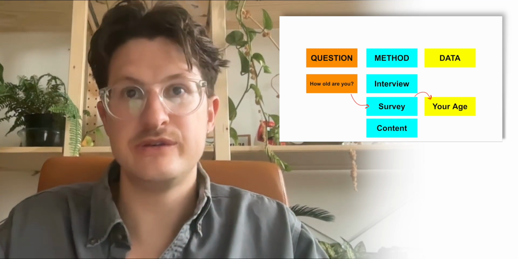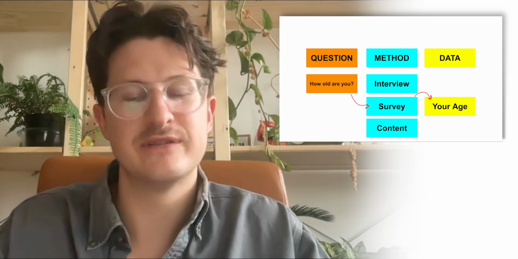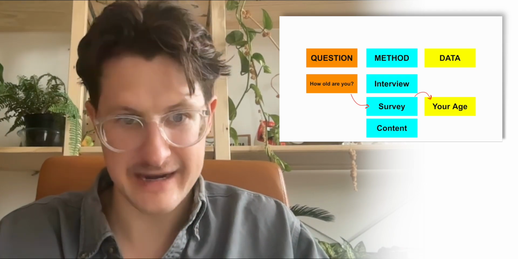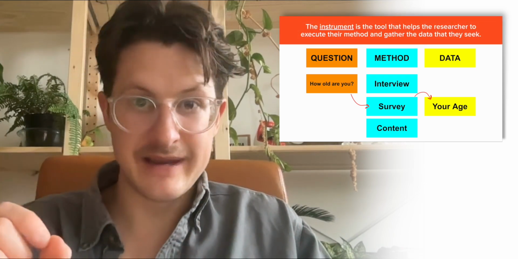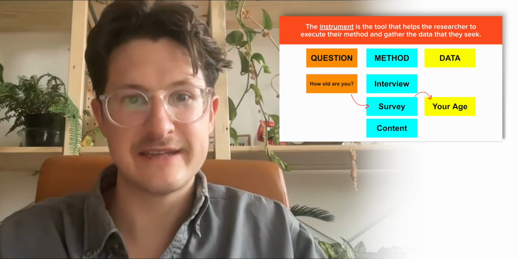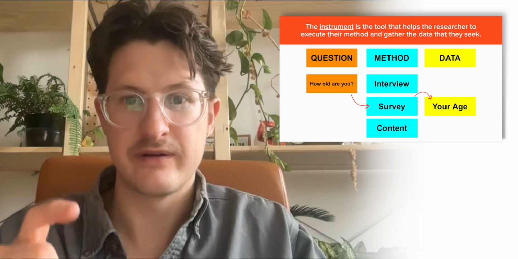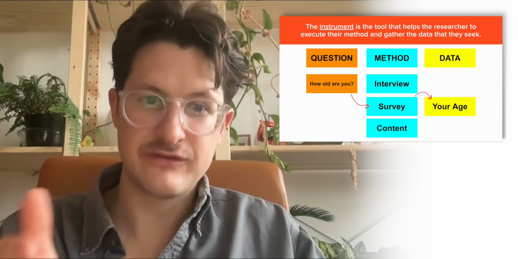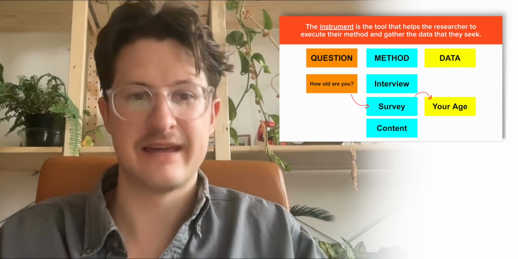Now, I wouldn't want to use a content analysis, right? And so this is where you want to make sure their method is not mismatched with their question and their data. The instrument is the tool that helps the researcher execute their method and gather the data they seek. The instrument and the method are different, but the two must exist together.